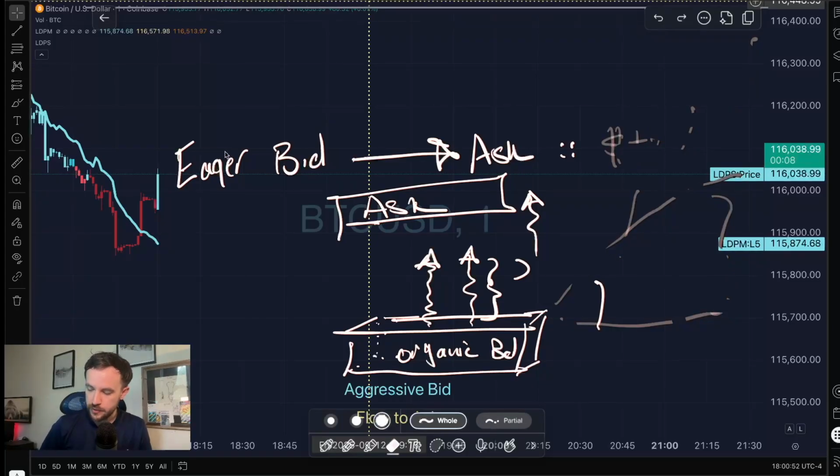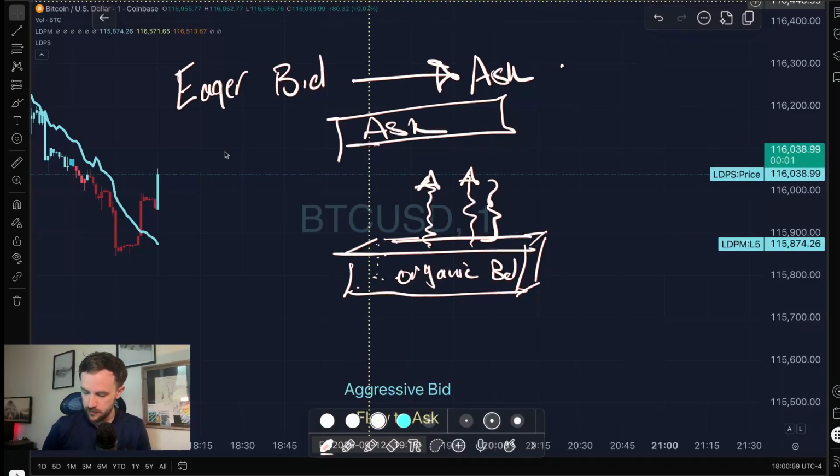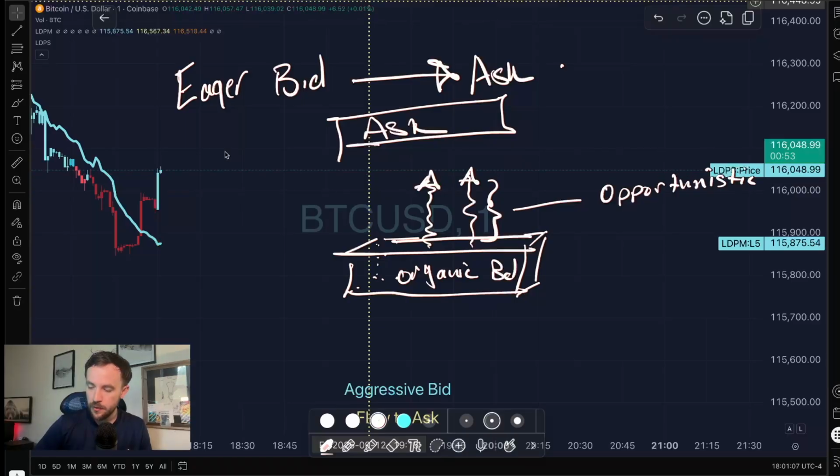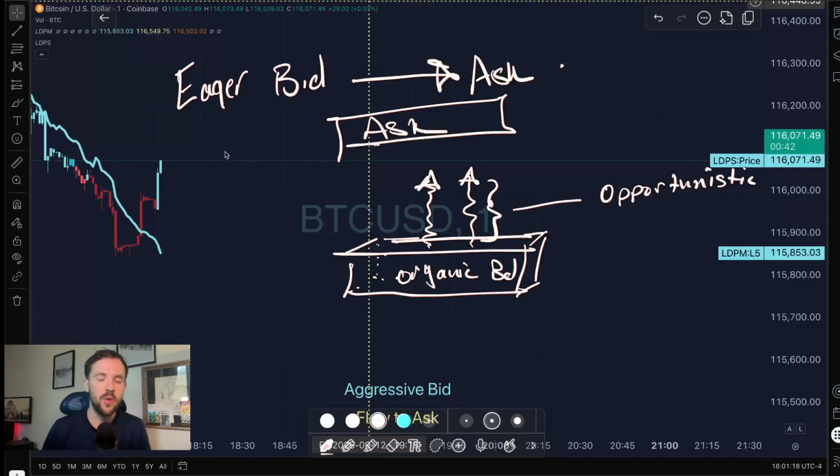So the eager parties, when they step in, you are looking at that opportunistic behavior. We're noticing that there's a few people who either aren't value seeking or have too much of an urgency to transact, to accomplish some action in the market, that they're just simply not interested in waiting for that value.